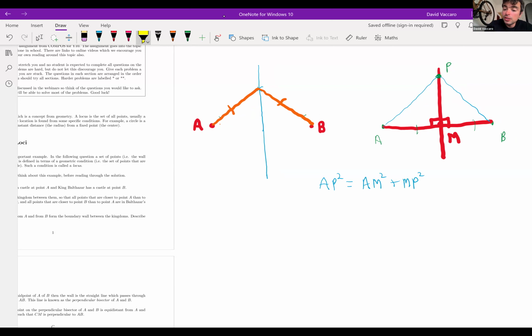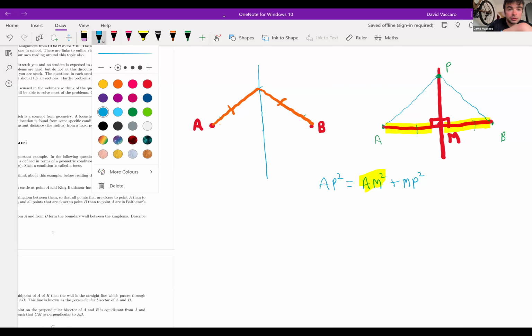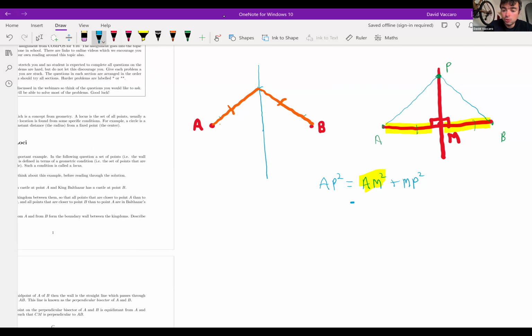But now, because M is the midpoint, AM squared is numerically equal to MB squared. So this is equal to MB squared plus MP squared.